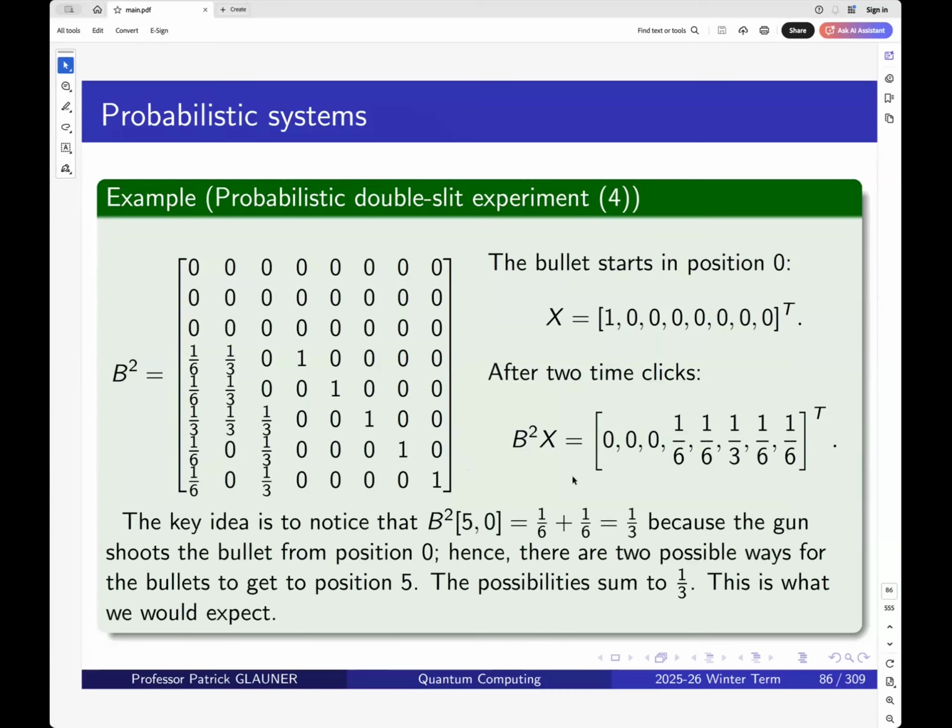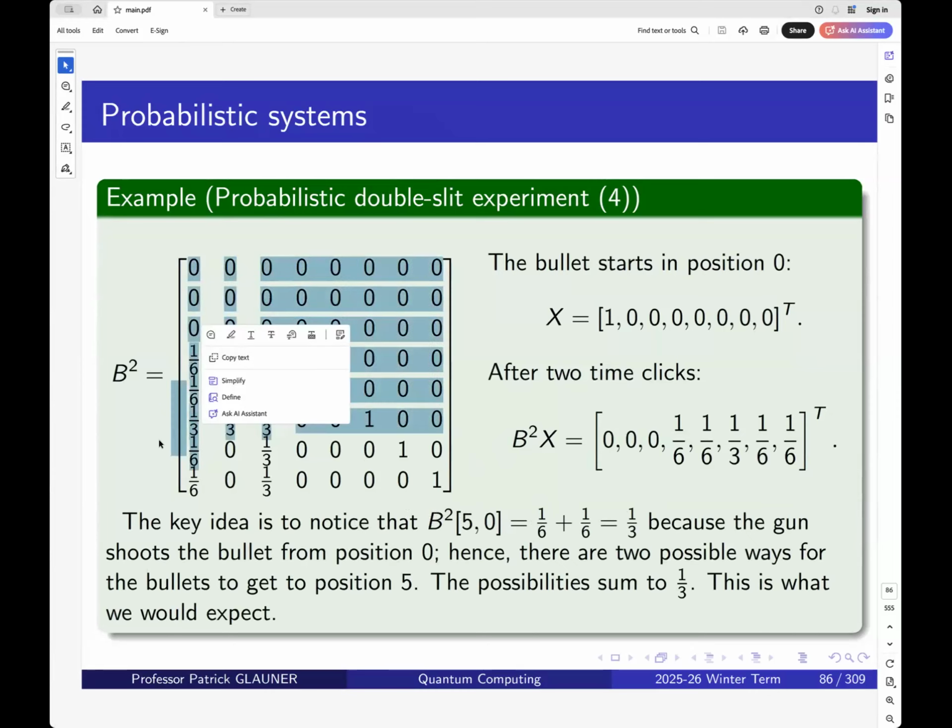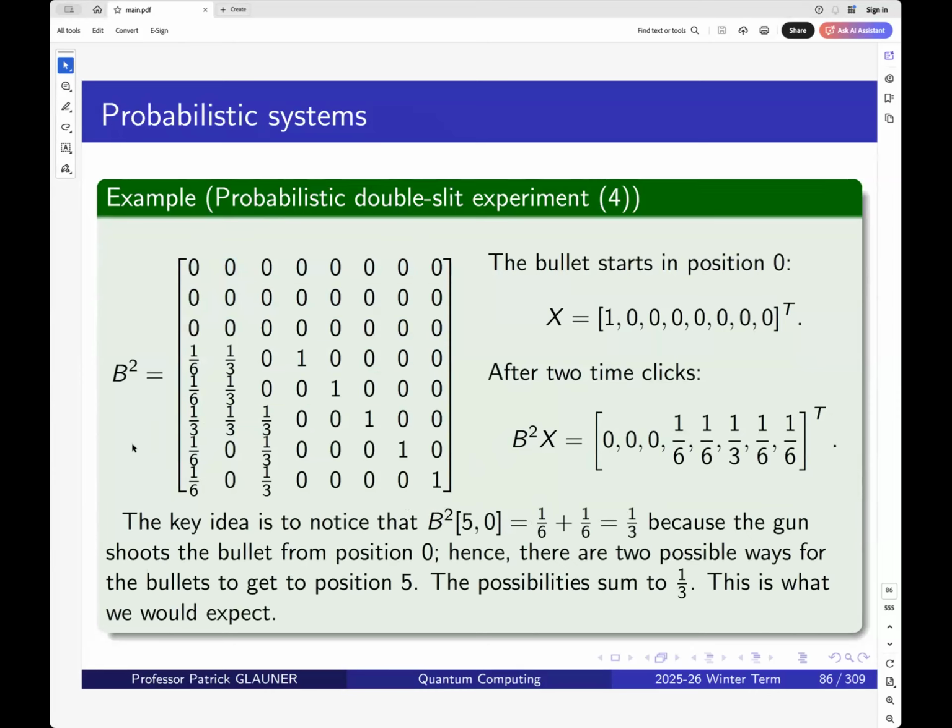I have also written the result here, and what I've said orally is that in position 5, 0 of B squared, we have a 1/3 here. Feel free to try this out at home also if you wish.